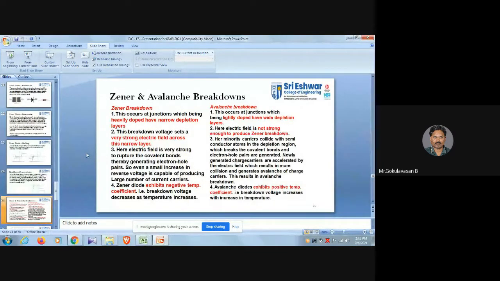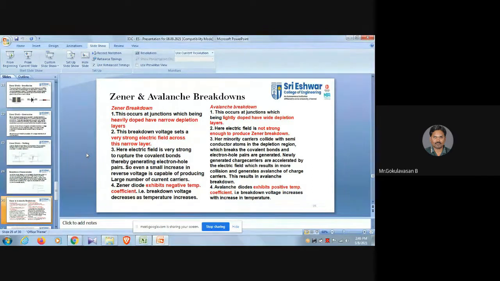Then comes a small comparison between Zener breakdown and avalanche breakdown. Very simple. Zener breakdown occurs at junctions which, being heavily doped, have a narrow depletion layer, very much narrowed down. The thickness of the depletion layer gets reduced for Zener breakdown.